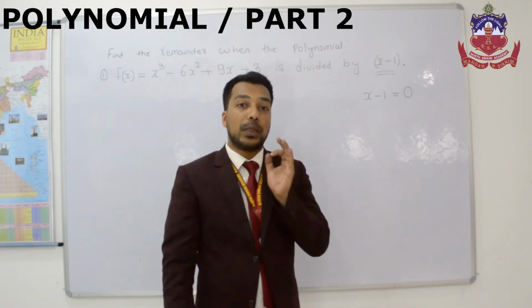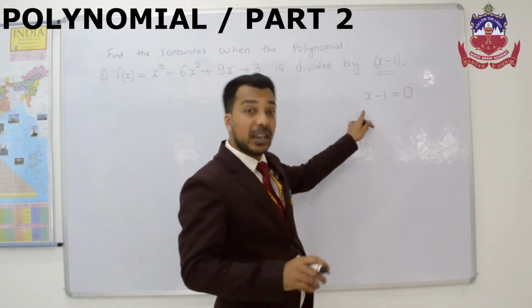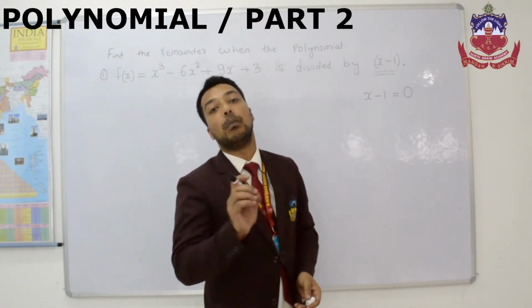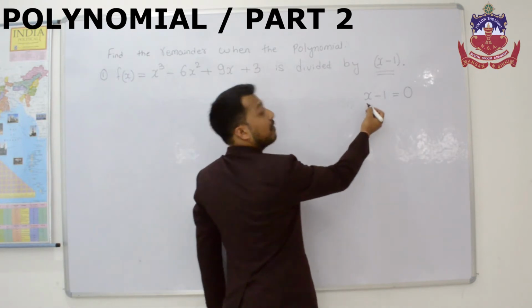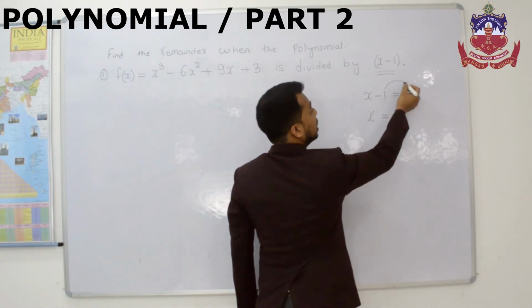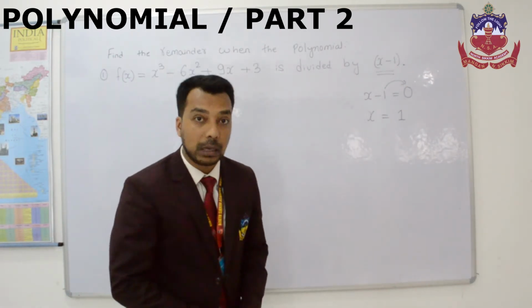And then the next thing is, you need to find the value of the variable in the smaller expression. Out here we have x, so you need to find the value of x by taking this minus 1 to the other side. So the answer for x is positive 1.